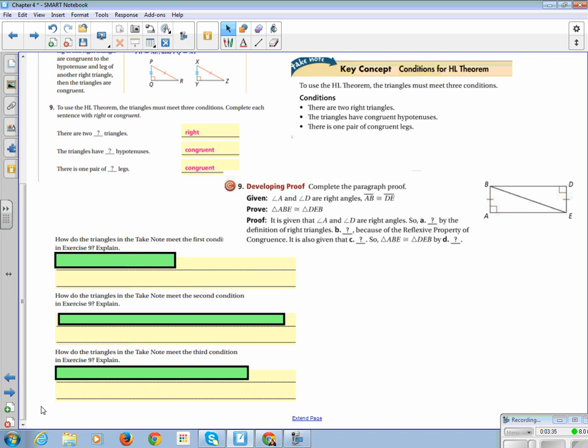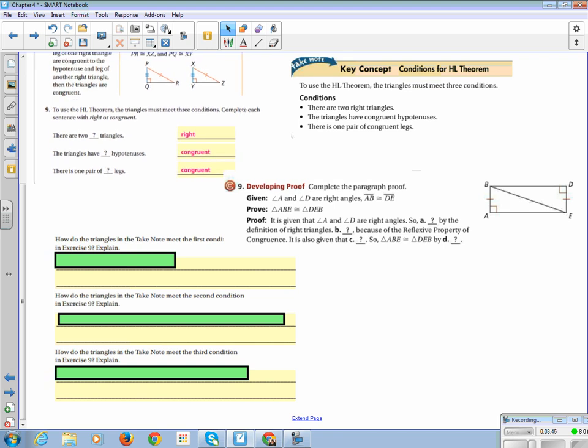So it is given that angle A and angle D are right angles. It satisfies the first condition for the hypotenuse leg theorem.